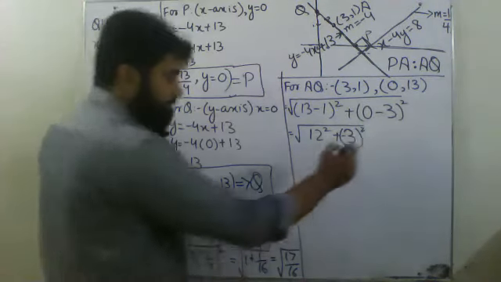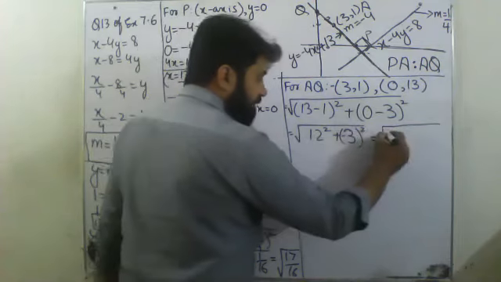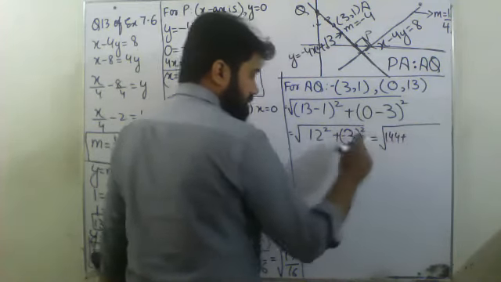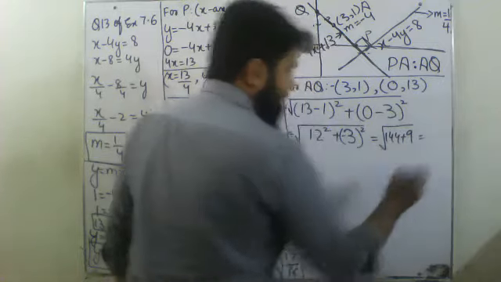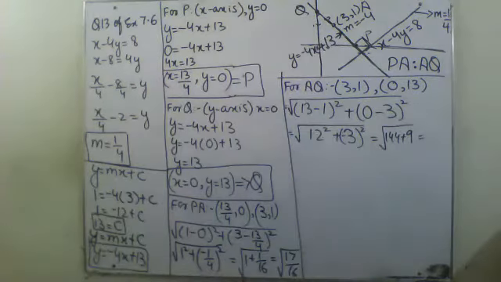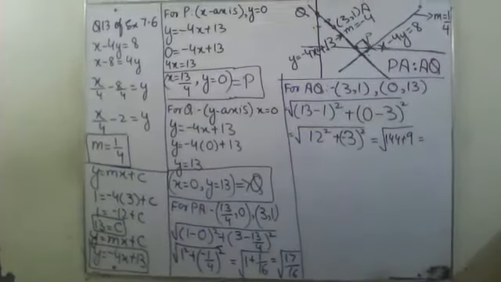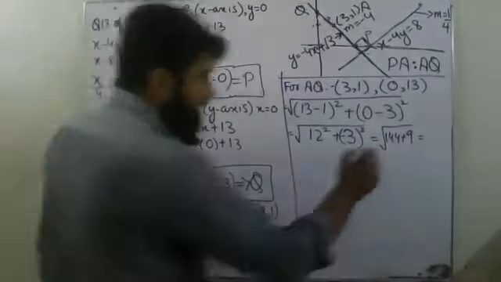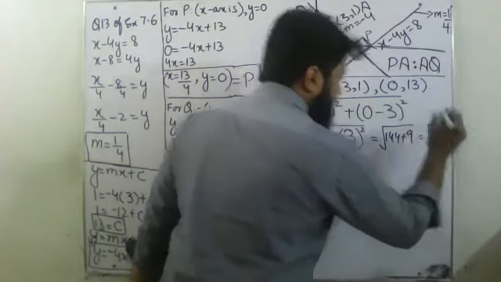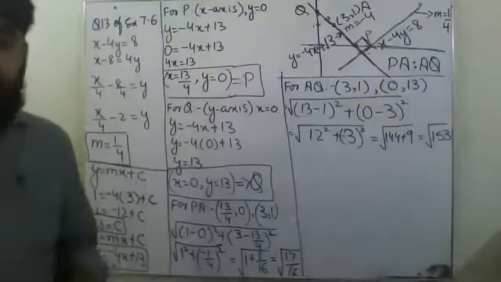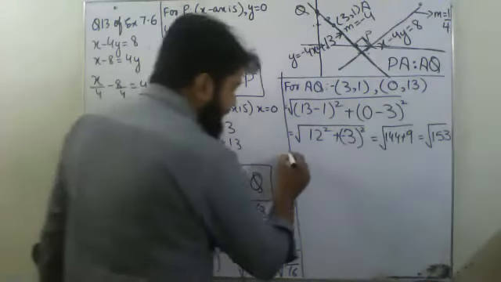Now 12 square will be 144 and minus 3 square will be 9. So when I simplify it, it will be under root 153.